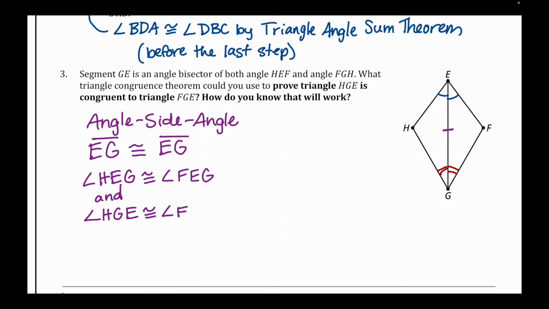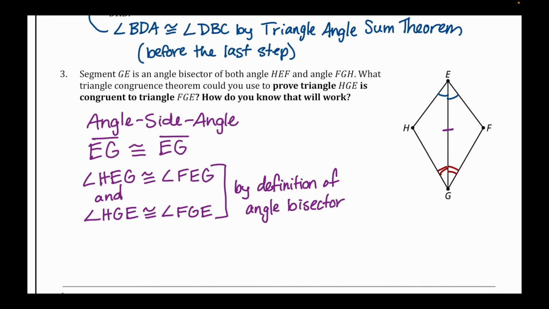Nope, that's an E. FGE. These are both by definition of angle bisector, so just writing down that we actually have those. This is because it is the same segment. And that would give us our two angles with our side sandwiched in between.